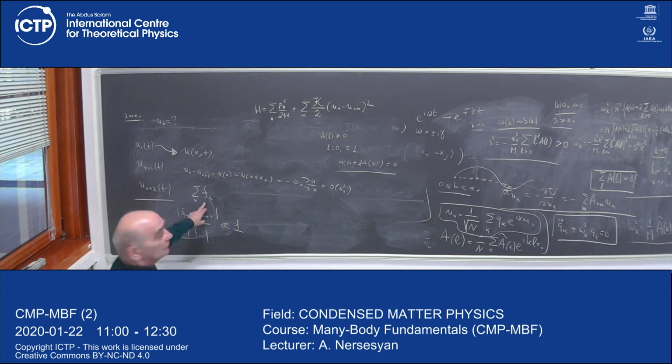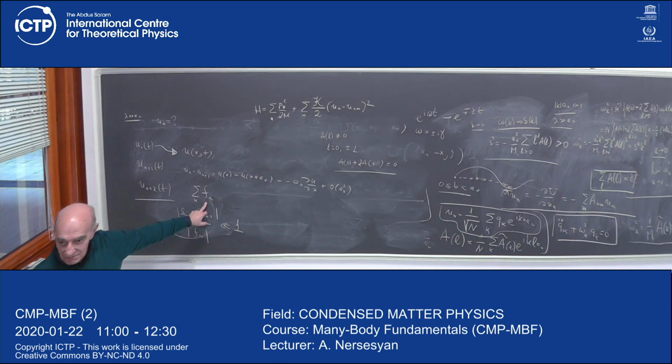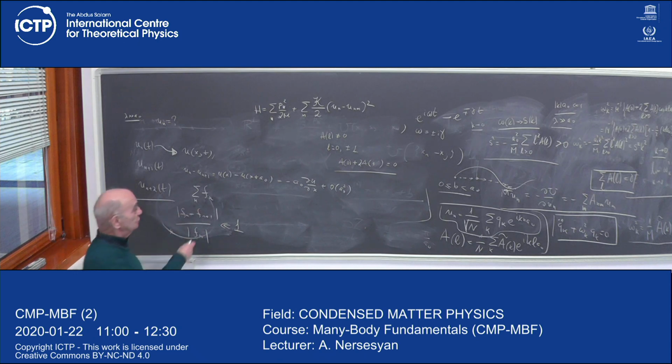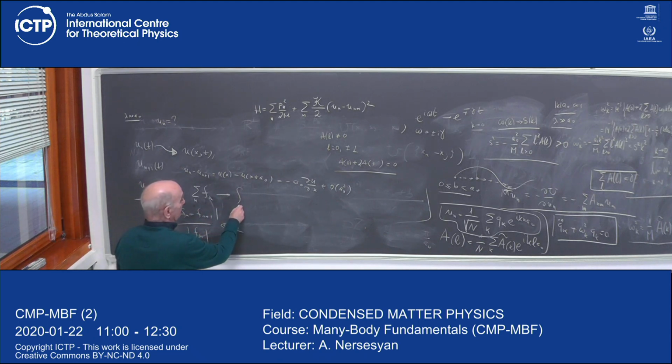Then this is a smooth function. And therefore, summation over n can be replaced by an integration. Of course, it should go to some integral from 0 to L dx.